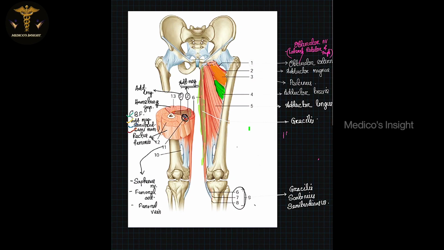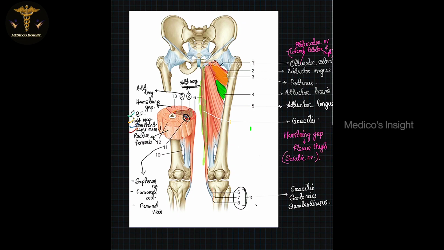the thigh, and is supplied by the sciatic nerve. Here it is a point that the sciatic nerve is the largest and thickest branch of the sacral plexus.